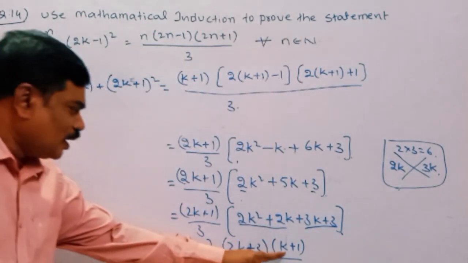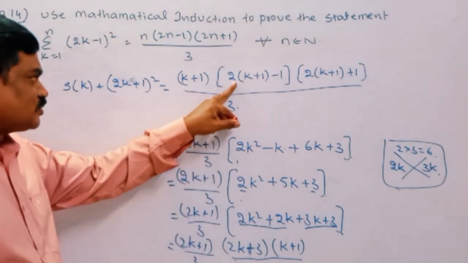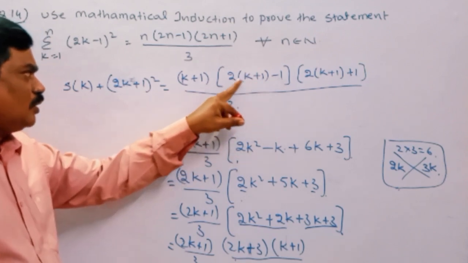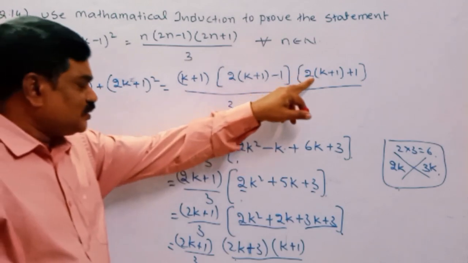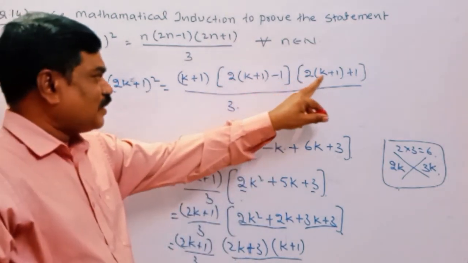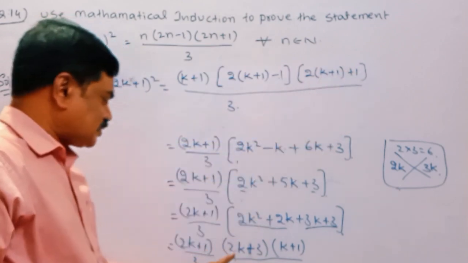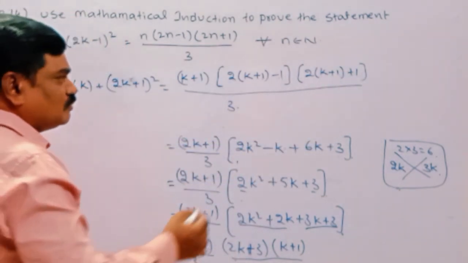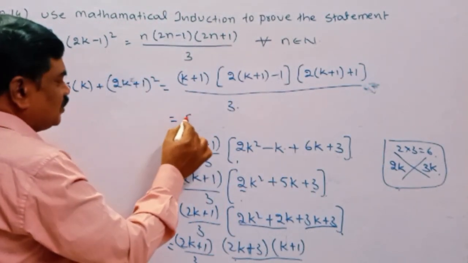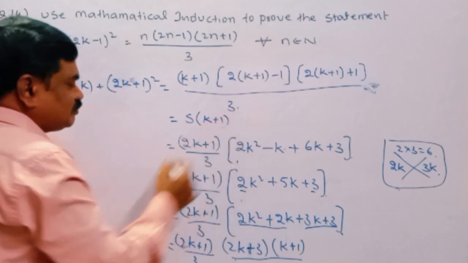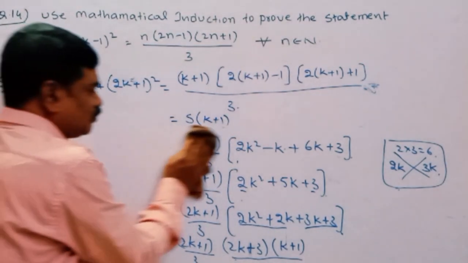So 2k plus 2 plus 1 is 2k plus 3. What is this? This is the S of k plus 1 statement.